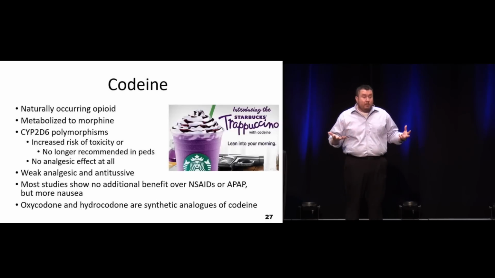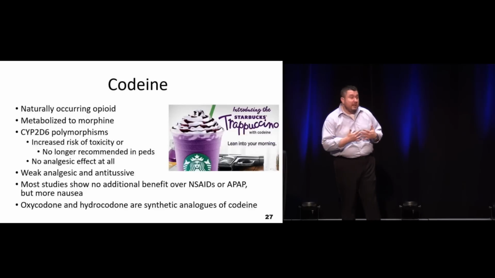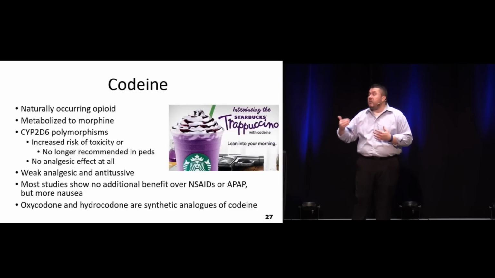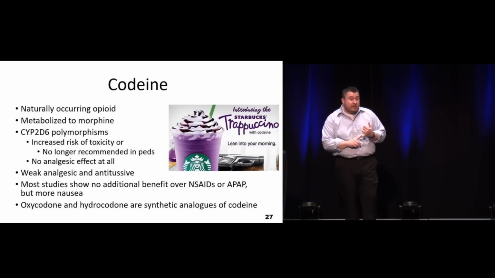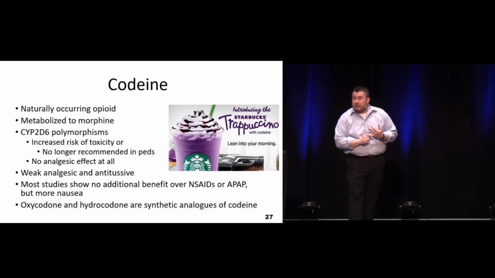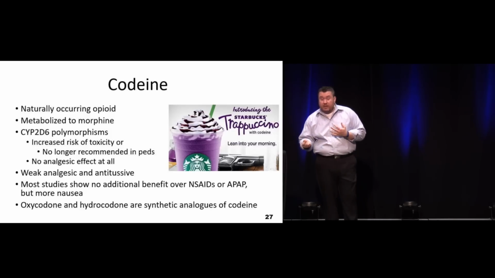So if they're a rapid metabolizer, they get this rapid conversion over to morphine, and they're at risk for toxicity. And sometimes they're slow metabolizers, and they get very little, if any, analgesic effect. So most of the recommendations say we should no longer be using codeine in peds, and probably for adults anyway, because they're going to get either supratherapeutic effects or subtherapeutic effects. And for the most part, there are better things out there now.